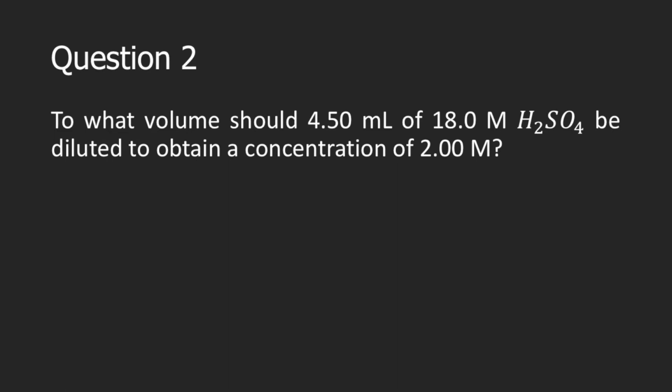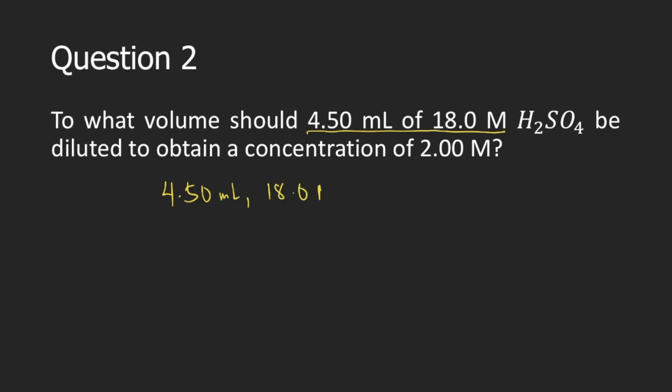So question 2, to what volume should 4.50 ml of 18 molar H2SO4 be diluted to obtain a concentration of 2 molar? So it says here you have 4.50 ml of 18 molar sulfuric acid.